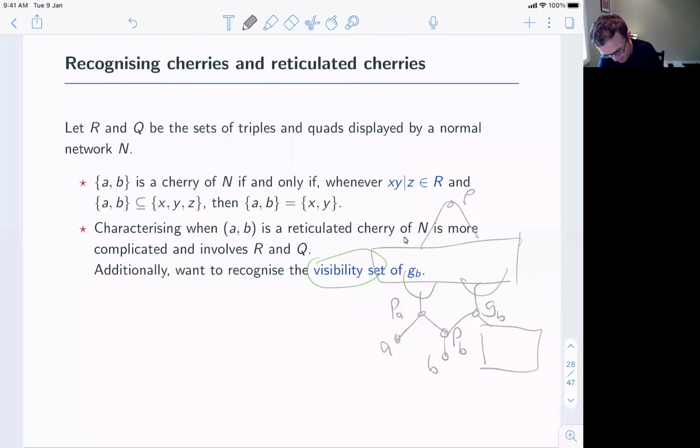They're all the leaves L for which every path from the root to L traverses GB, passes through GB. That's the visibility set. Because we're normal, the visibility set of any vertex is always non-empty. There's always at least one.